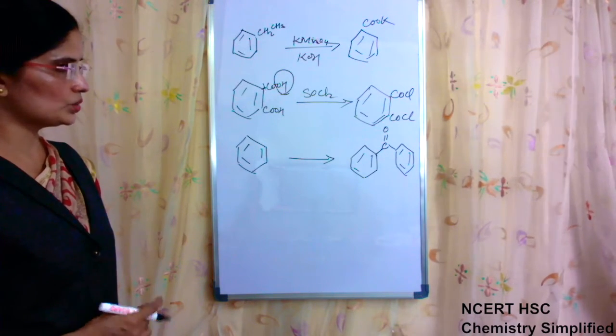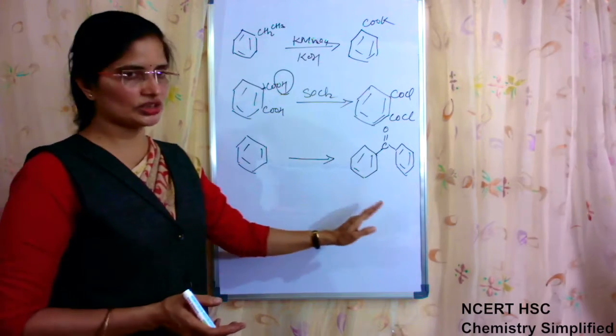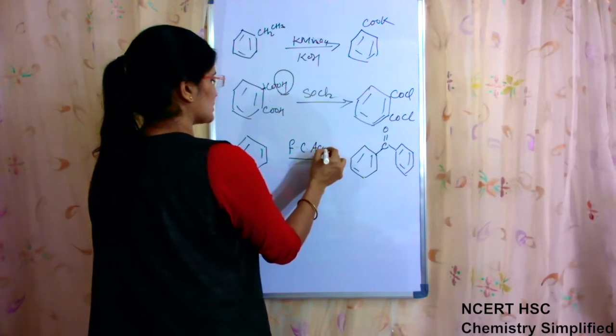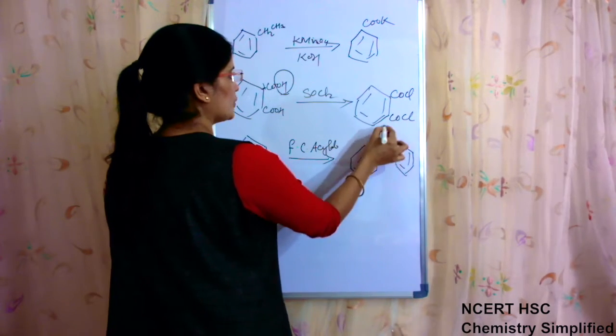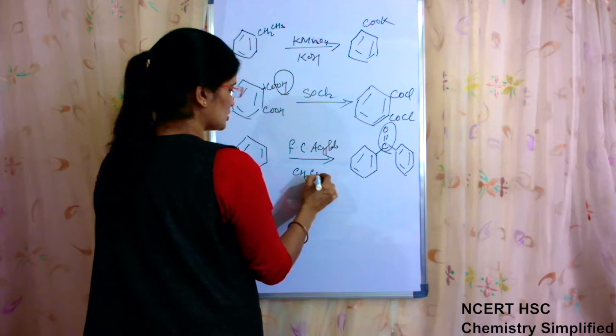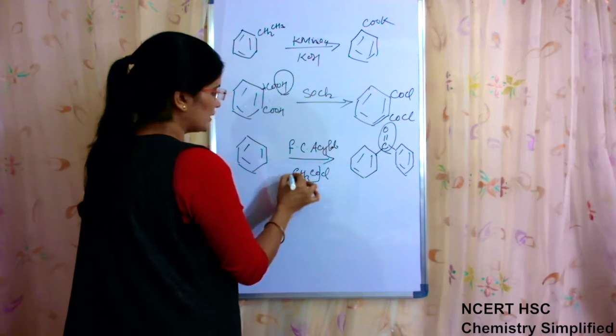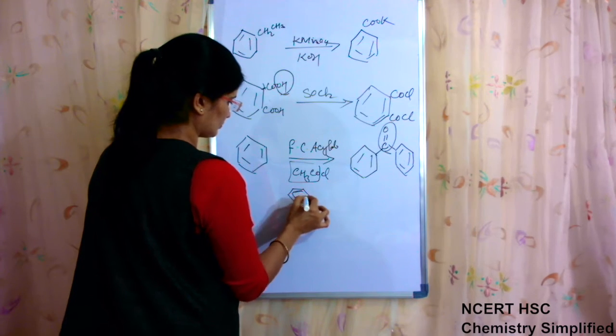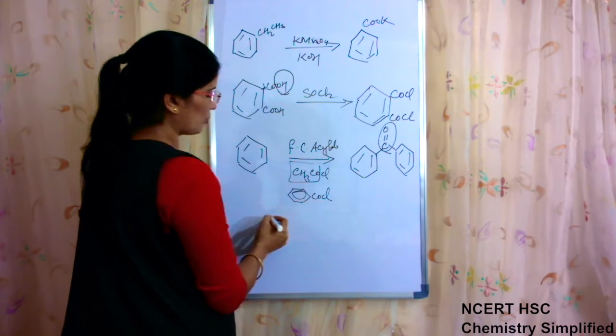So benzene to this, a simple one-step reaction they are asking. Definitely it is Friedel-Crafts acylation. Acyl group is visible, that means acylation. We can introduce CH3COCl group. Similarly, we can also introduce COCl group in this.